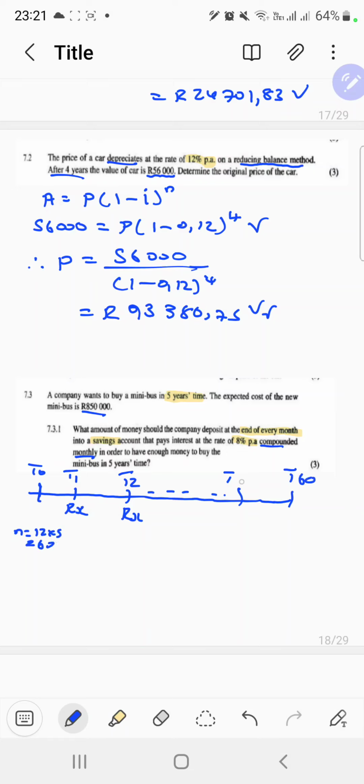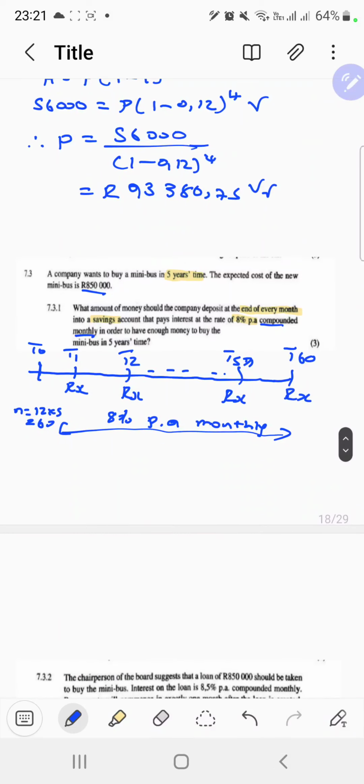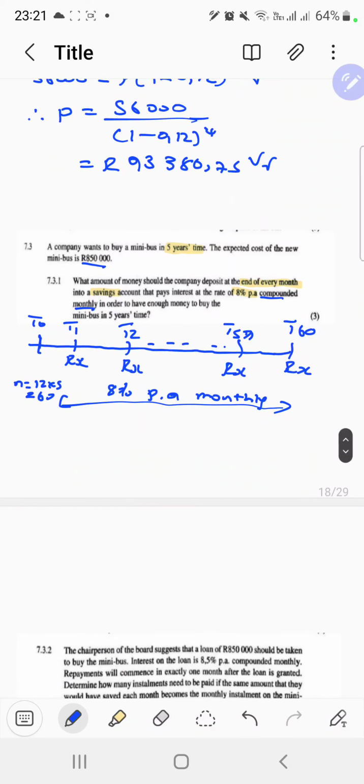So this is T60, this is T59. We're still paying the X amount. And then, of course, our percentage is 8% per annum, compounded monthly. Once I have reminded myself of what I need to do, it always makes my life easy.